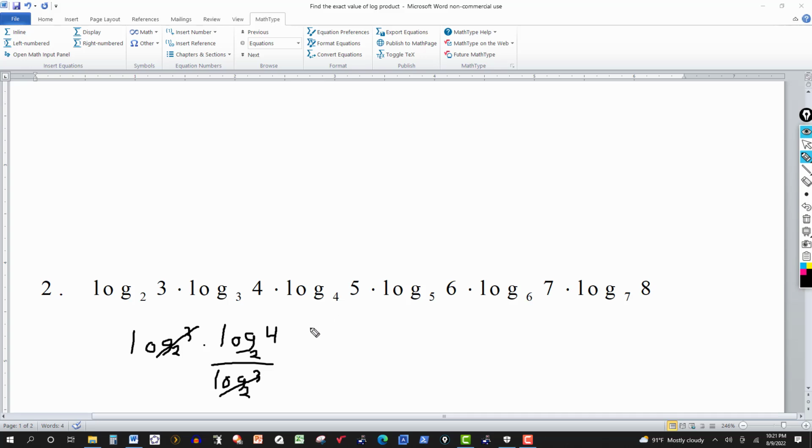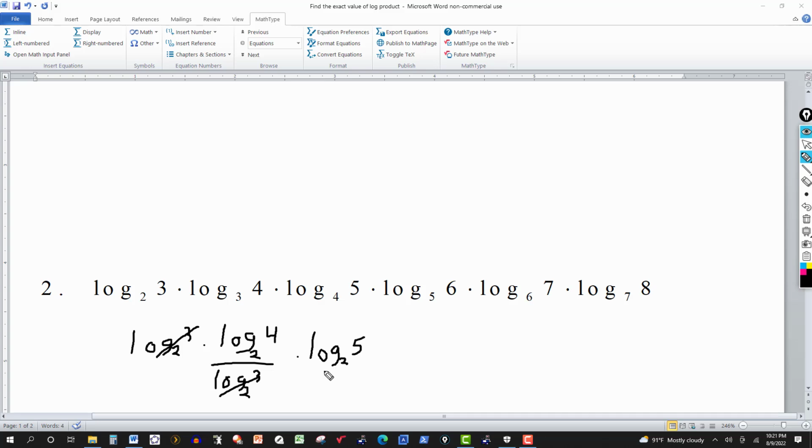Then I go to the next one. So I have the log of 5 to base 4. I want to change the base here. And the idea here is for the previous log to cancel. So I'll write this as the log of 5, and I'm going to choose base 2 again here.